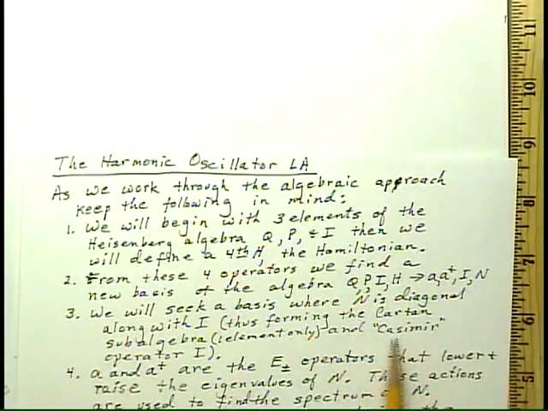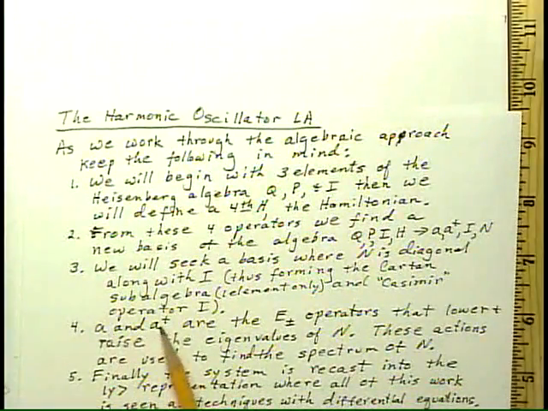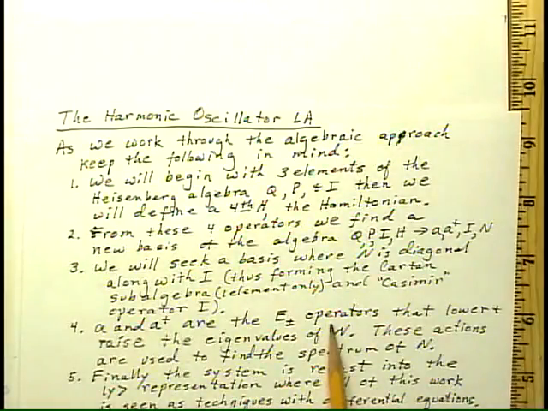The capital I plays the role of the Casimir operator and commutes with everything as before. The a and the a dagger behave like the E plus and E minus operators that raise and lower the eigenvalues of N. And we have discussed the roles of the E plus and E minus operators in the Cartan decomposition back when we discussed Lie algebras.